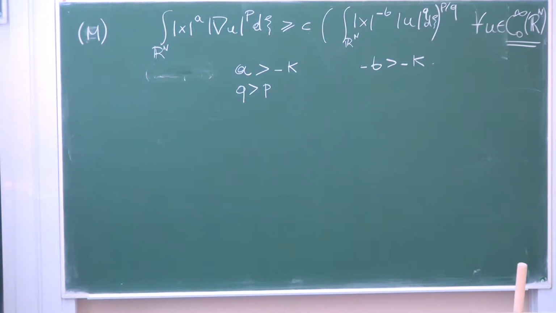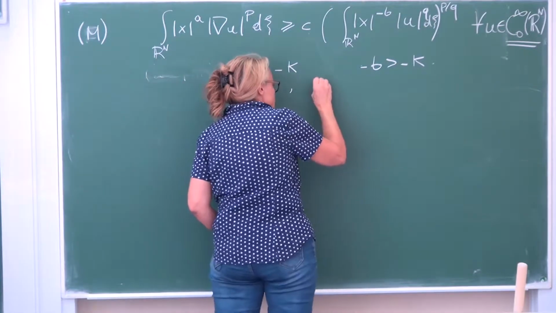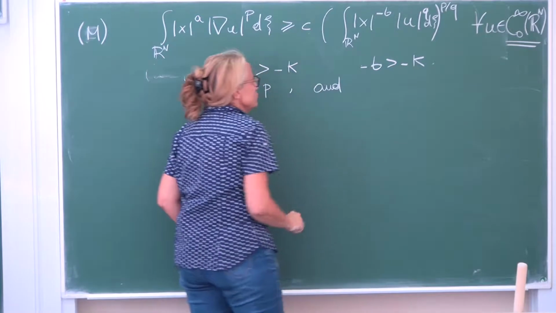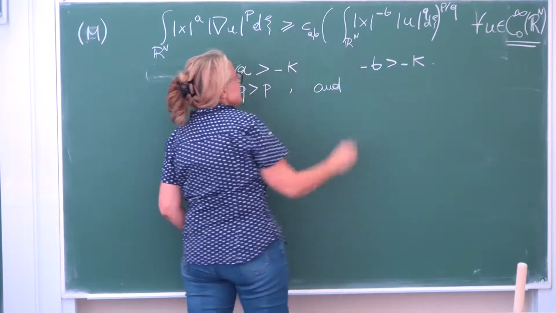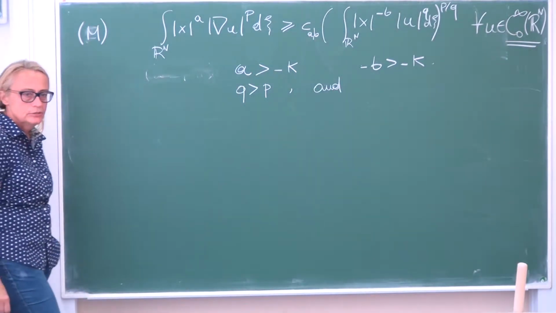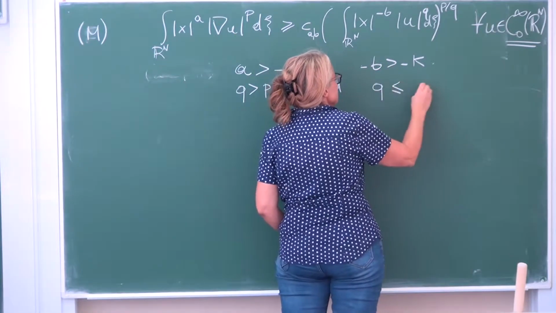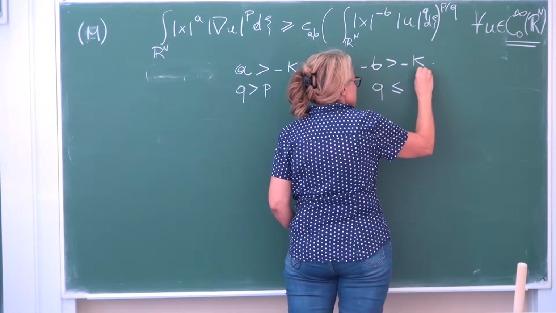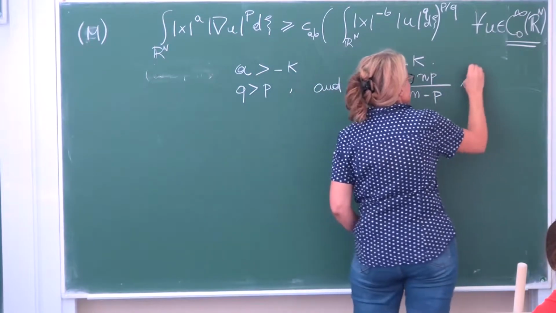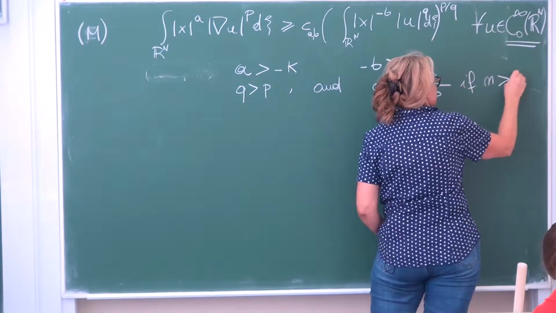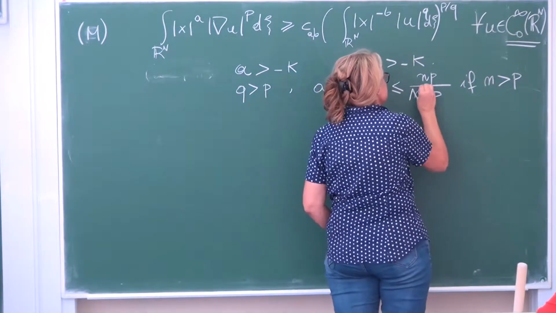And if I hope that this constant, given p and given q, is positive, I also have to ask that q is smaller or equal than the critical Sobolev exponent if n is greater than p. What is n? N capital, yes.